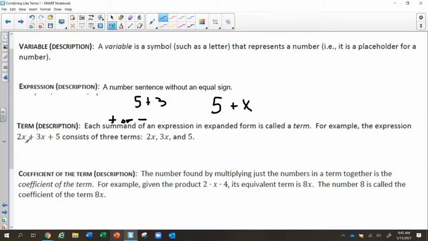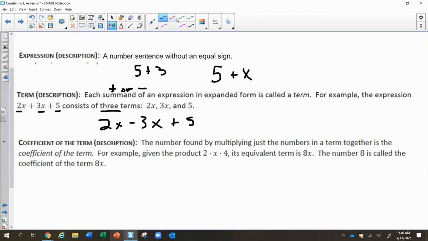So for instance, it says 2x plus 3x plus 5. It consists of 3 terms because they're separated right here by a plus sign. 1, 2, 3. It also works with subtracting or minus signs. So it could be 2x minus 3x plus 5, right? Still would be the same amount of terms. There'd be 1, 2, 3 terms.